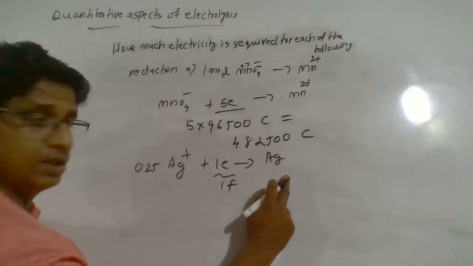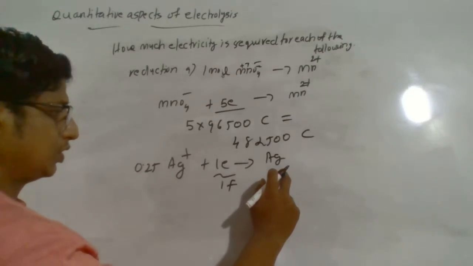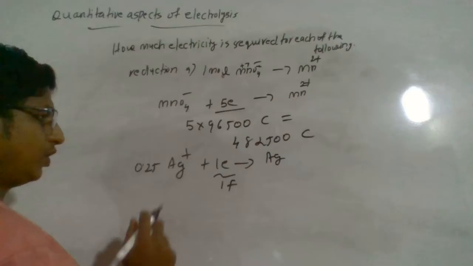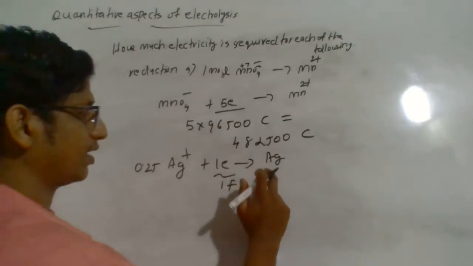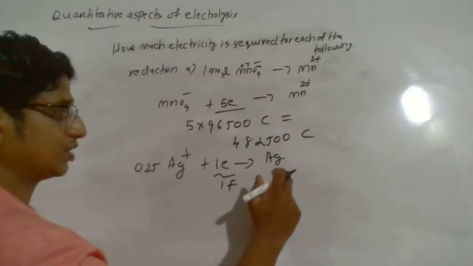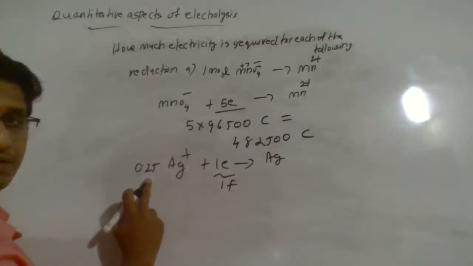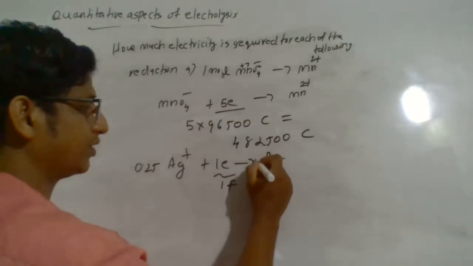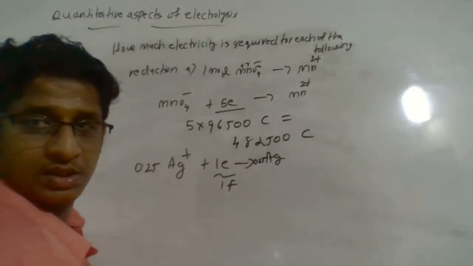0.25 mole is getting reduced to how much? Now we know 1 mole of silver ion will be reduced to give 1 mole of silver. So here now 0.25 mole of silver ion means you are always going to get 0.25 mole of Ag. This is always proportional.